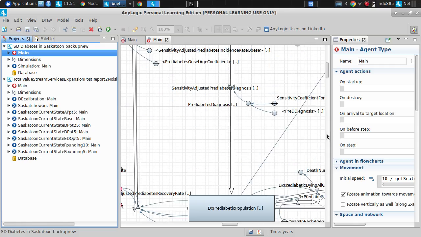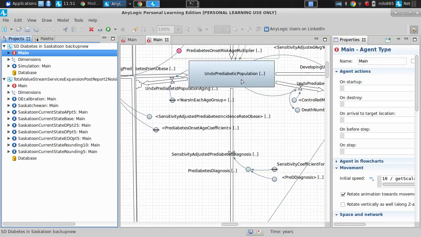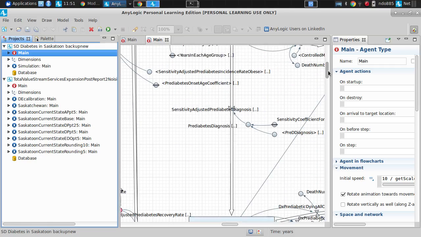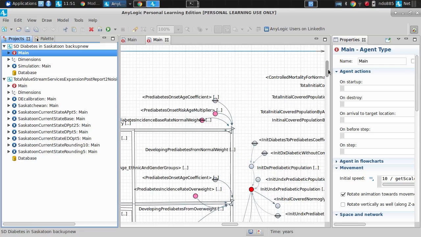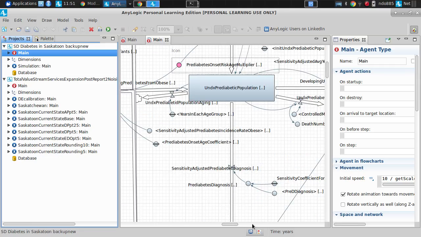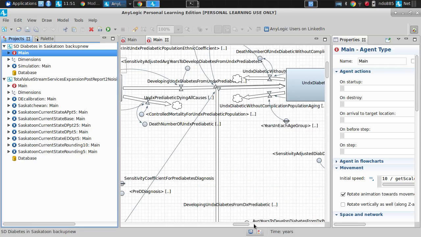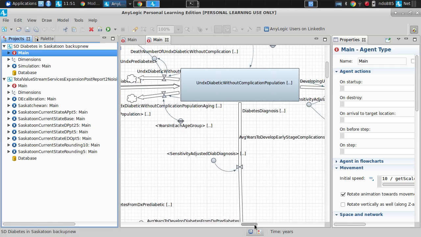It can help us reason about, among other things, what possible levels we might see in prediabetes to jibe with what we do see in observables, because in a model like this, they're all linked together. If there's lots of undiagnosed pre-diabetics, it's going to end up coming out in the number that go on to either diagnosis, to become diagnosed, or the number that go on to be undiagnosed diabetics without complication.